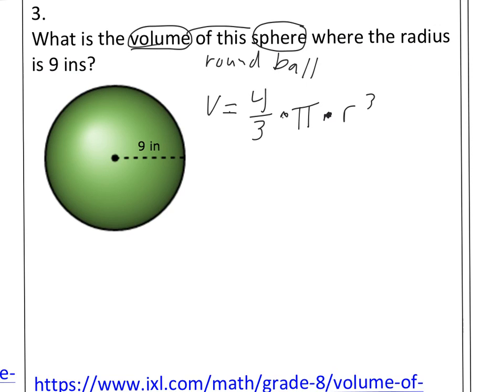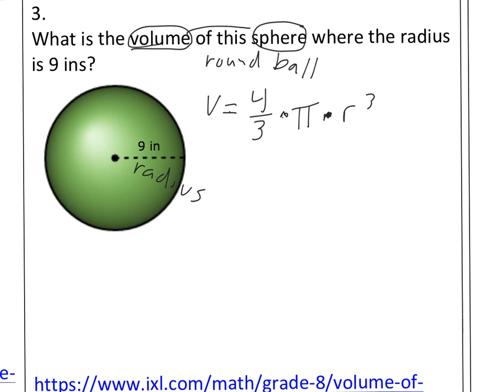The only thing we really need in this case is the radius of 9 inches. So 9 inches goes in for radius here. Let's go and write down radius next to 9 inches. You guys might have to write it next to it because I know your images are not as good as mine. So radius.